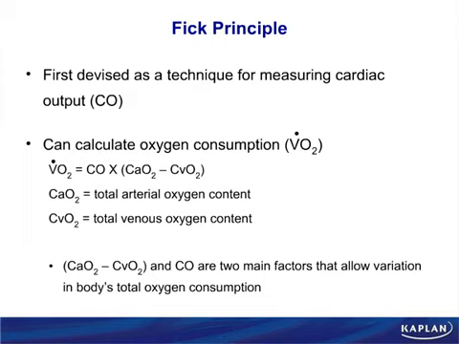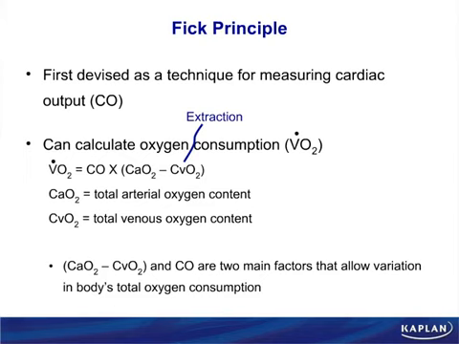Now, if I just replace cardiac output with flow, I can get the oxygen consumption for any organ of the body. Another way to talk about AV-O2 difference is to simply use the word extraction. When we apply it to the tissues of the body, we know venous oxygen is less than arterial oxygen, so that represents the extraction of oxygen.